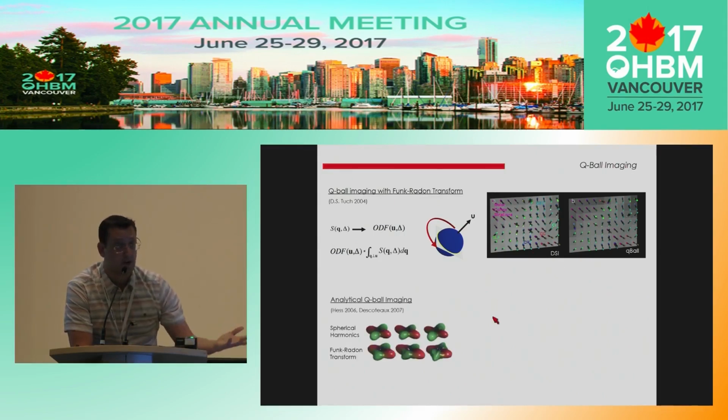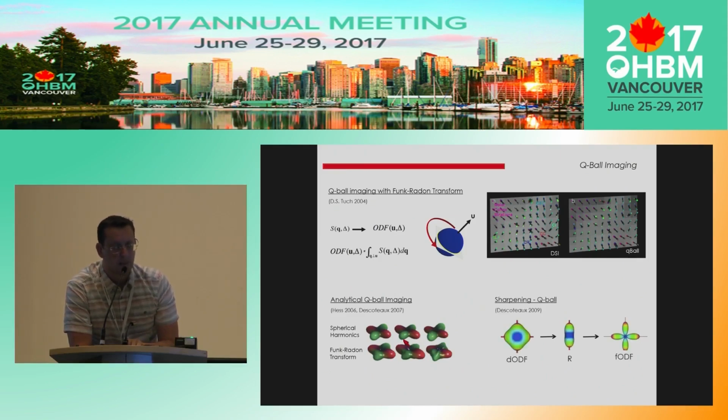We start from Funk-Radon, but then there are spherical harmonic ways of describing the signal and calculating this integral, and you can get much better results in terms of stability to noise and probably angular resolution. More recently, Descoteaux also introduced a way to sharpen and further increase the peaks of the dODF, so we can get something that is essentially a fiber ODF.